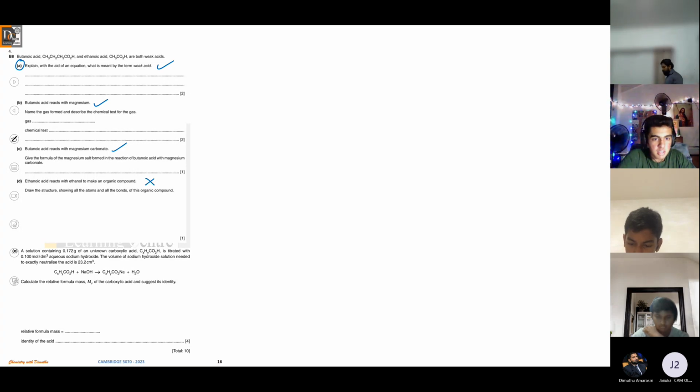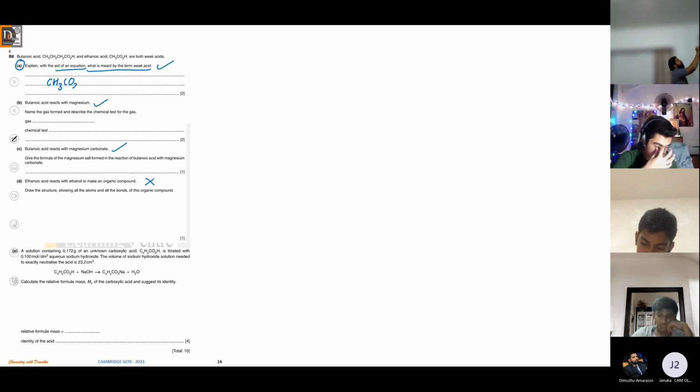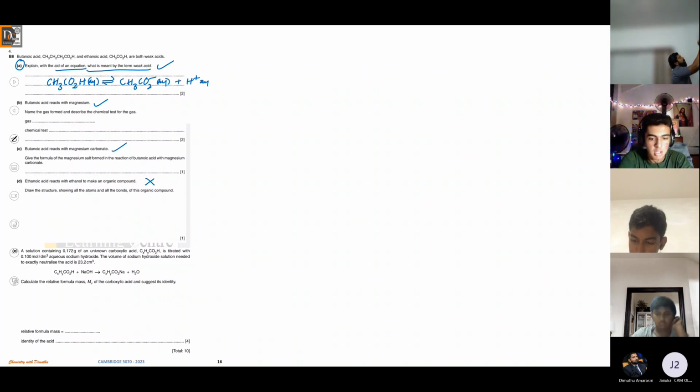Explain with the aid of an equation what is meant by the term weak acid. Let me take ethanoic acid and write it with the reversible dissociation. We can put the double bond or R also, no problem, as long as the reaction is reversible and H plus is produced.